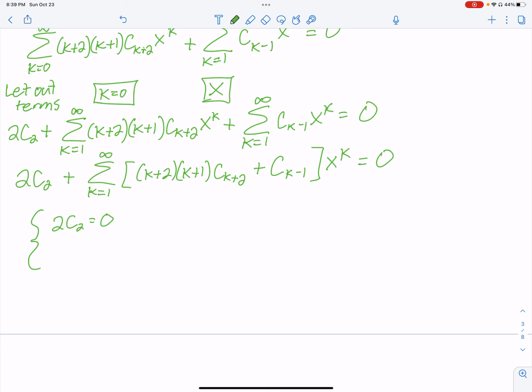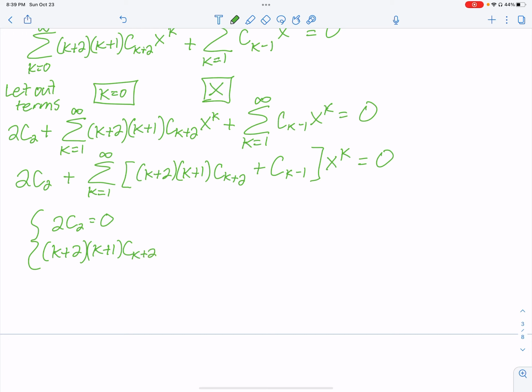We have everything positive, our ck, our k plus 1s and everything like that, so the only way that term is going to be 0, because x is just a variable, has nothing to do with it, the k's up top are not going to make it 0, it's just this term. That means that that term in itself has to be 0.